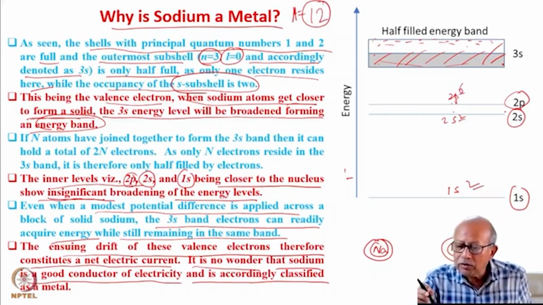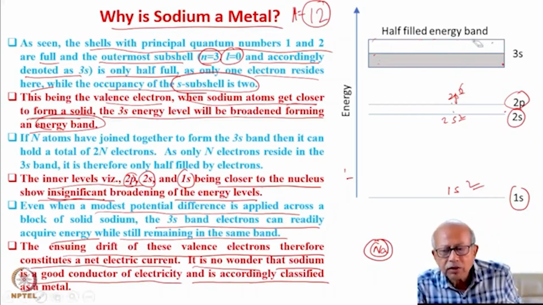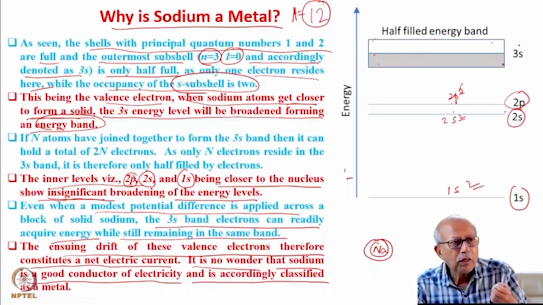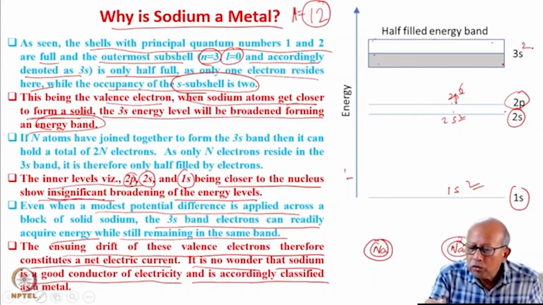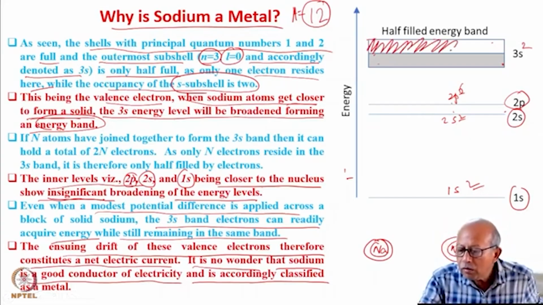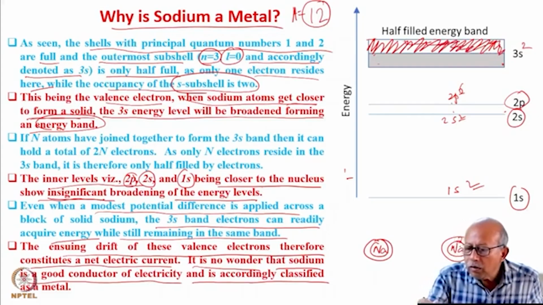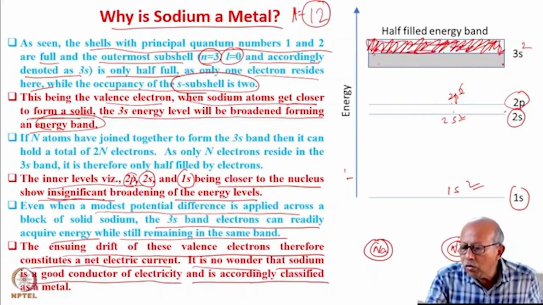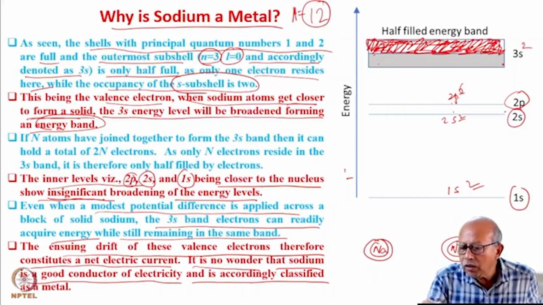Then here in the third orbit, the s subshell, you have 2 more electrons to be placed. So it goes into 3s2. Now 2 electrons can go there, and therefore it is completely full.